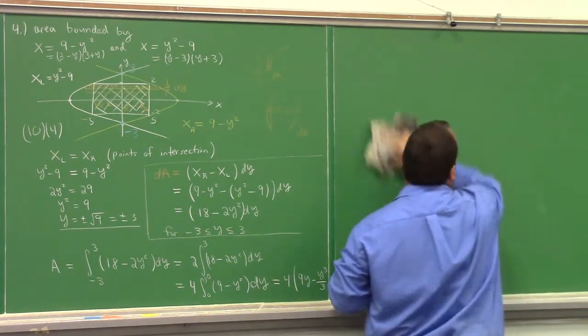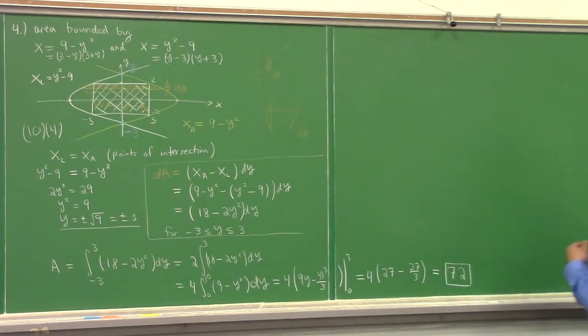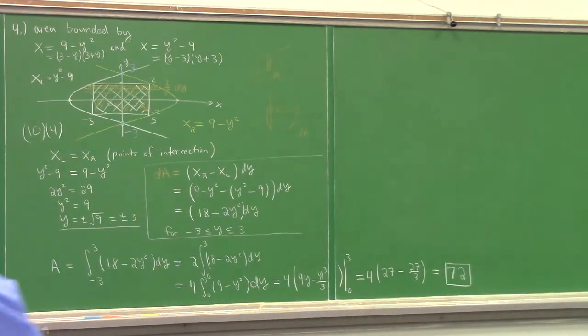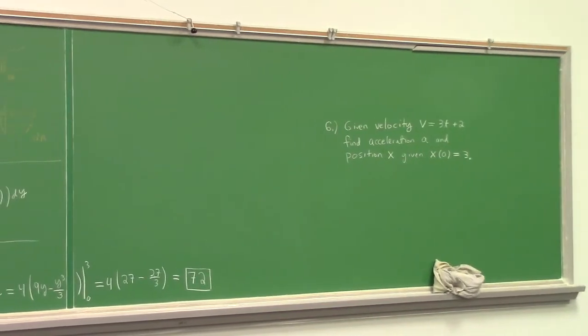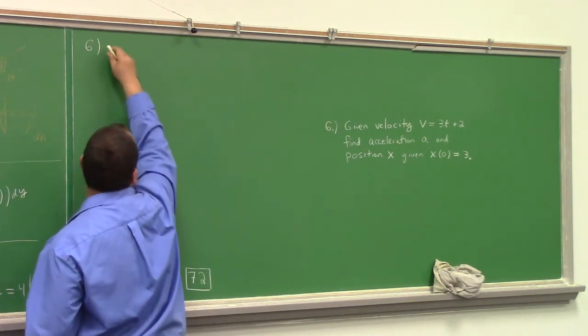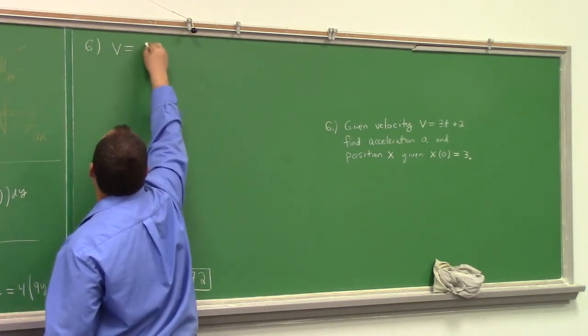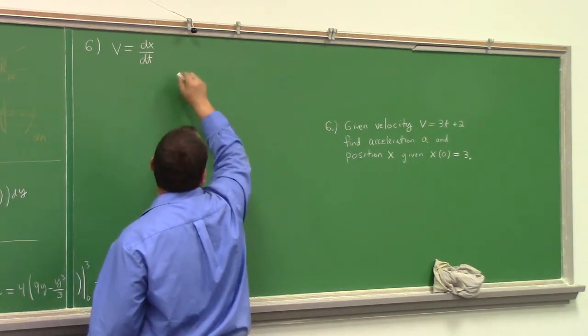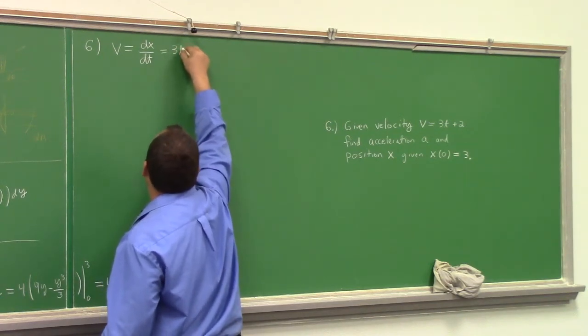Now, number 6, finally, we're given the velocity, and we're asked to find the position and the acceleration. So how do you do that? v, which by the way is equal to dx/dt if it's velocity, is equal to 3t plus 2.